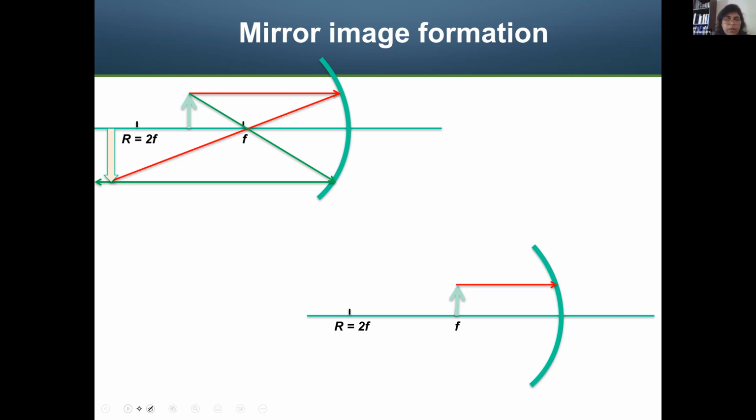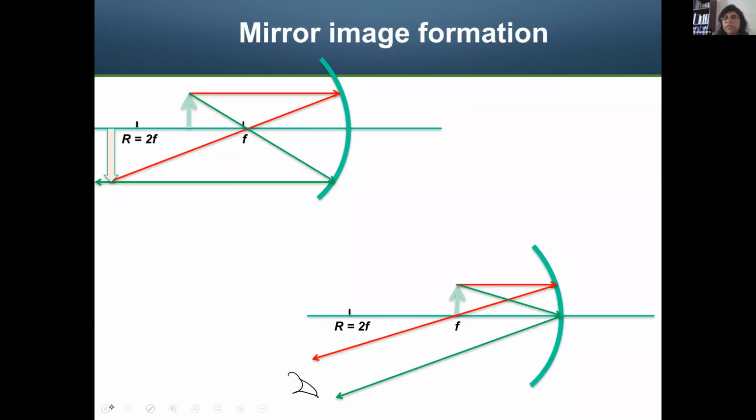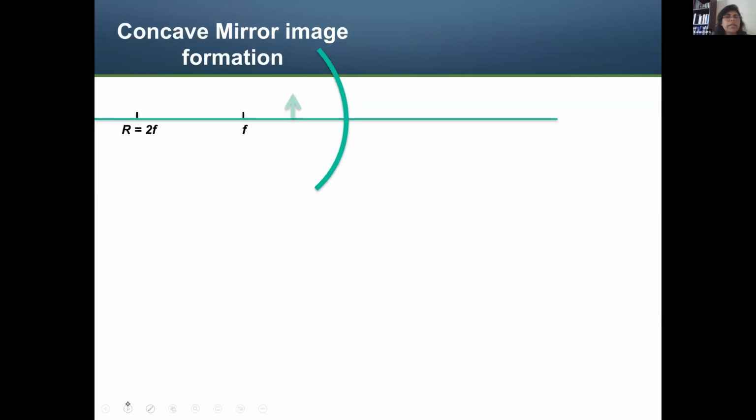Now you have the object at the focal point. This is a very important situation. You will see the first ray, and this is my second ray. These two rays will never meet, so there is no image. This is a very special situation where we do not see an image. Then the next situation is inside the focal point, in between the mirror and the focal point.